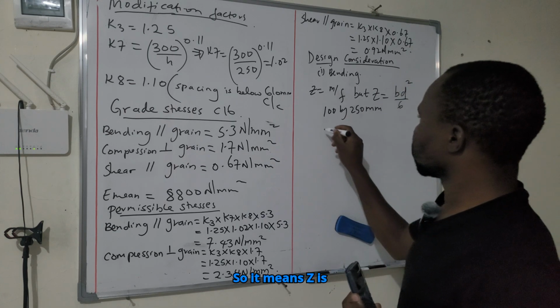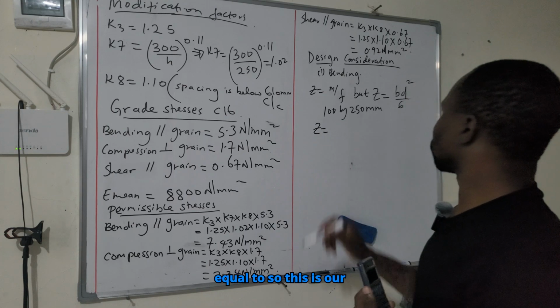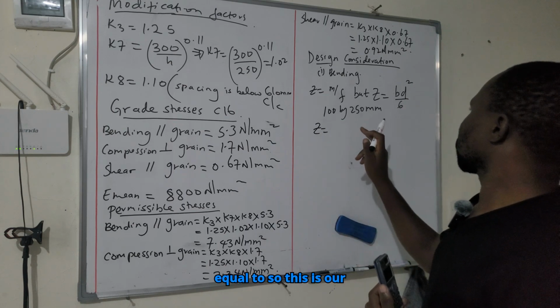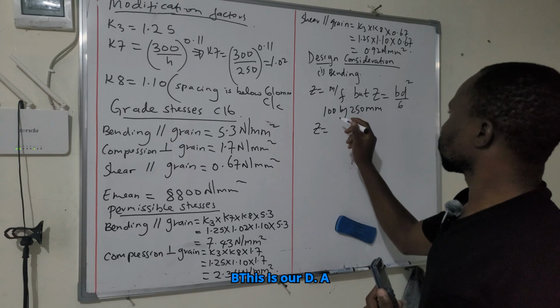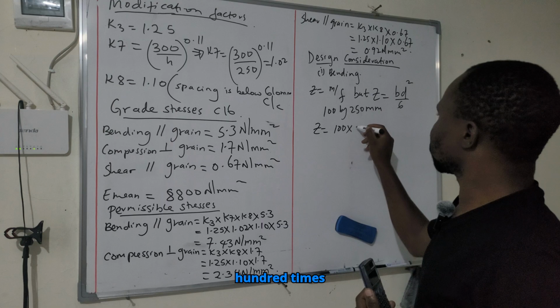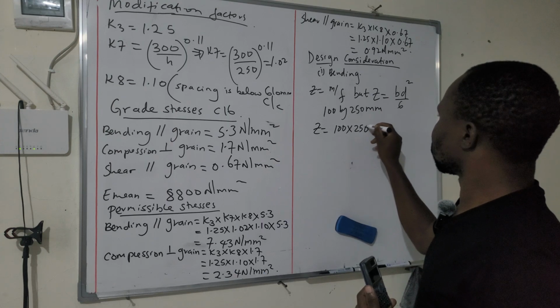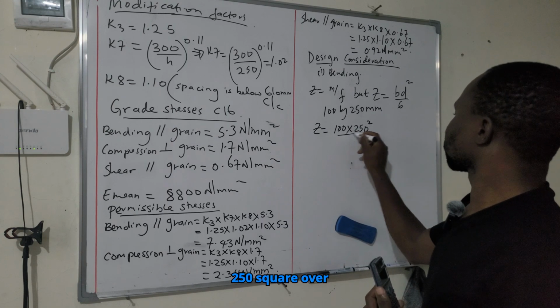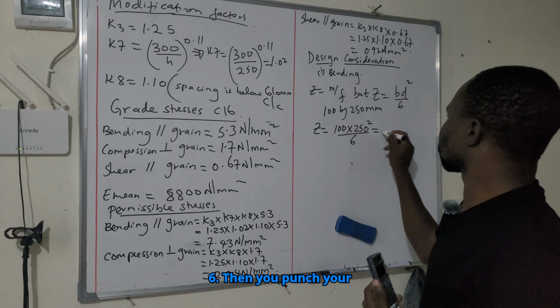So it means Z is equal to, this is our B, and this is our D, 100 times 250 squared over 6.